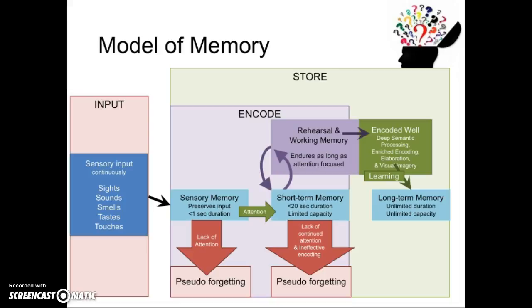If we don't do this hard work, though, if we don't focus our attention, if we don't engage in effective encoding, it's going to fall out before it gets to this point. That's a second form of pseudo-forgetting. But hopefully, we've created a good memory code.